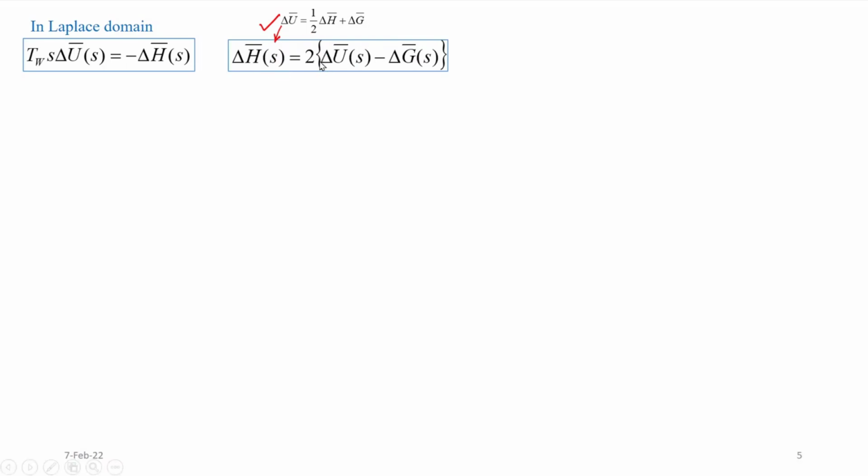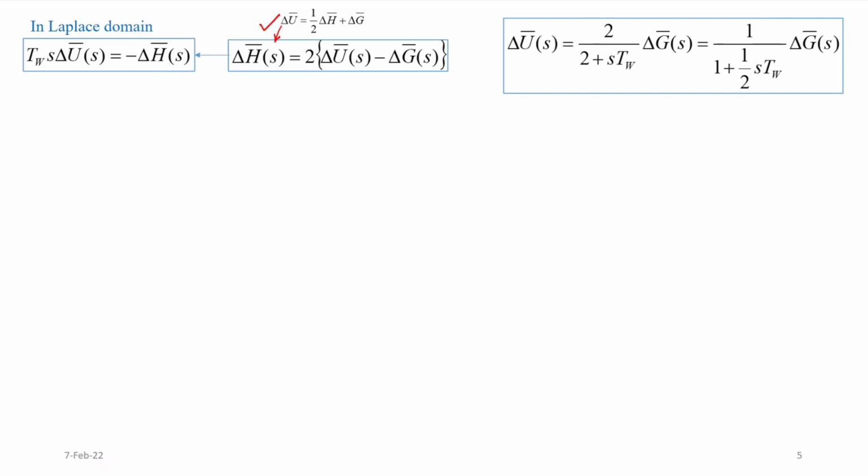Now substituting this delta H bar S here in this equation, I will find delta U bar S will be 2 by 2 plus S TW delta G bar S. If I manipulate a little bit, it will become 1 by 1 plus half of S TW delta G bar S.